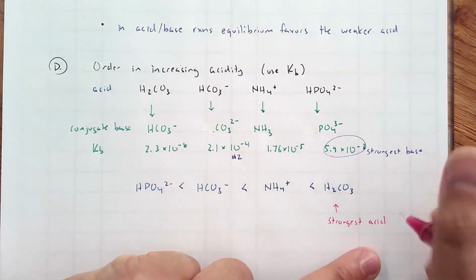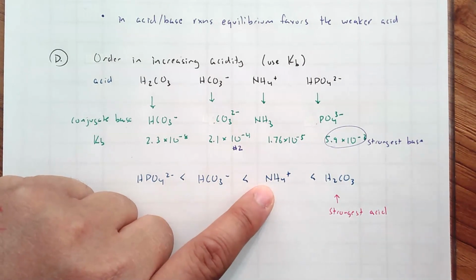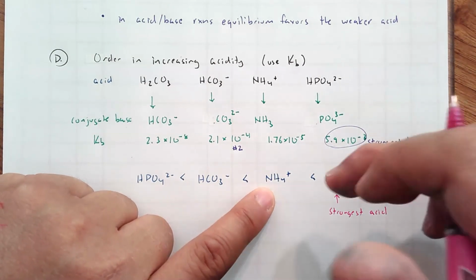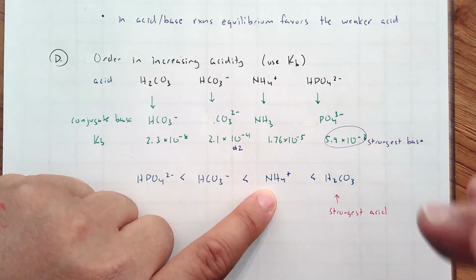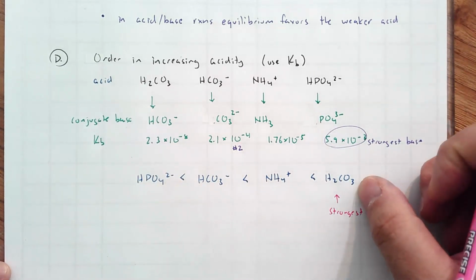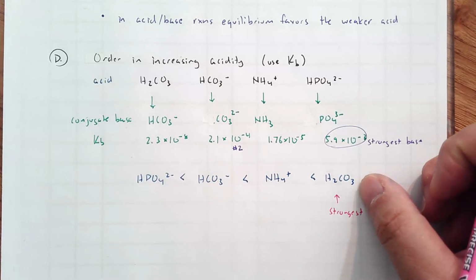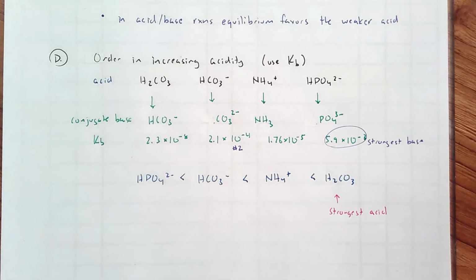A little bit surprising, because we do have a species that is positive, and typically when something is a charge like that, if you can lose a proton to get back to a neutral molecule, it tends to happen pretty readily. But carbonic acid is a fairly strong acid, stronger than NH4 plus, based on the KBs of the conjugate bases.